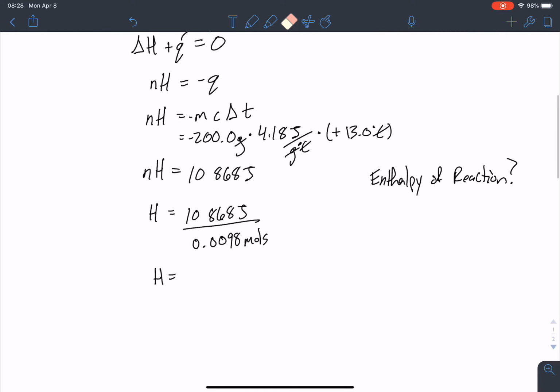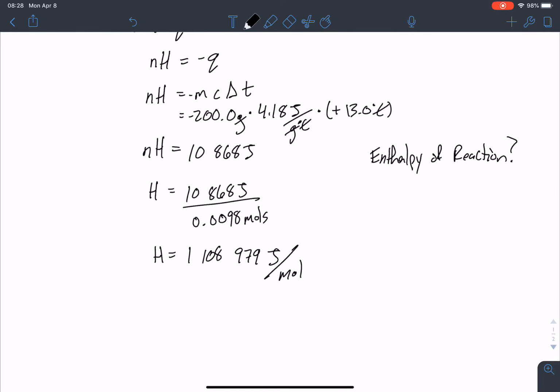And this is going to be quite a large number, so it's 108,979 joules per mole, and because that's such a big number, I'd recommend putting that into kilojoules, so divide that by 1,000, so H will equal 1,108 kilojoules per mole.